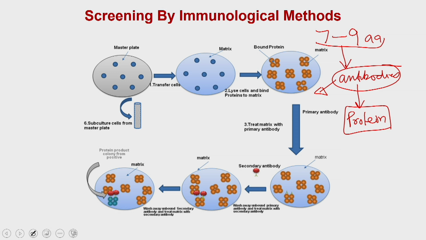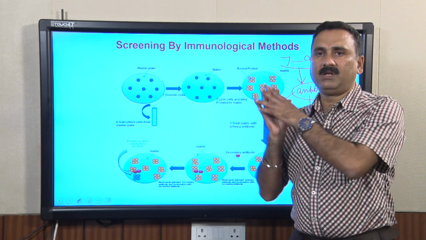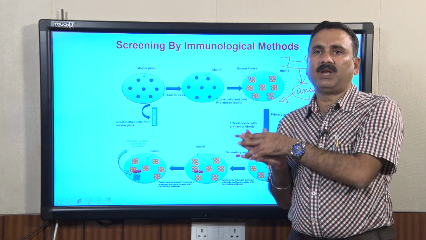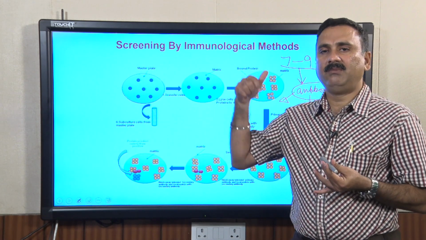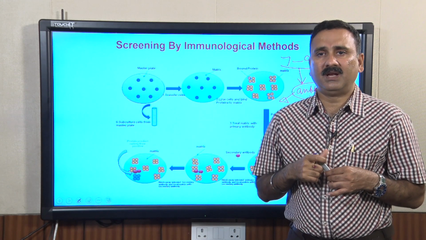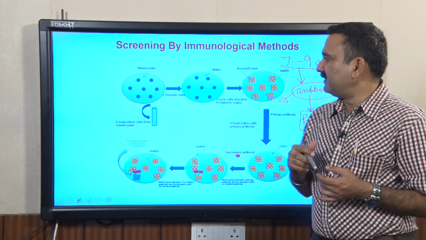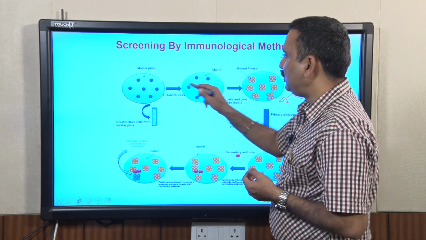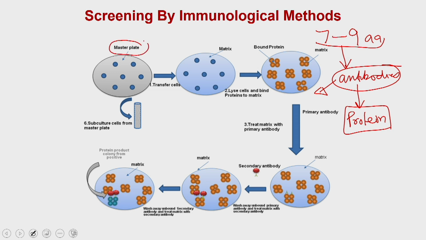In this case, there are several similarities between screening of the genomic library or the cDNA library by the immunological method and the DNA hybridization method. The first step is the same: you are going to start with the master plate and prepare your replica plate.